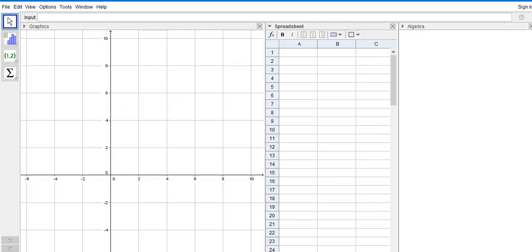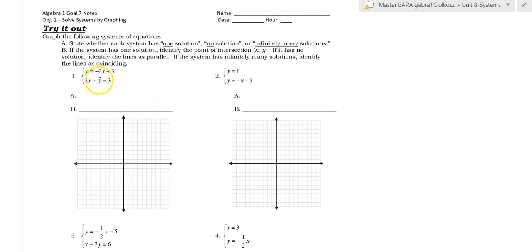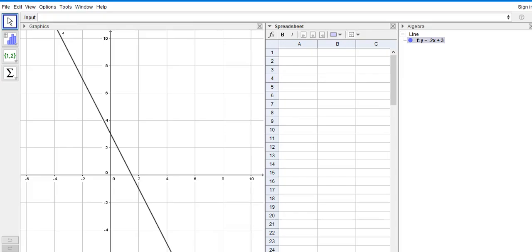So for my first equation, I'm going to type that in. In the input, y equals negative 2x plus 3. Once you've done that, press enter. You'll see a graph of your line as well as the line named over here. For our next equation, we have 2x plus y is equal to 3. So let's go ahead and type that one in, just like it looks.